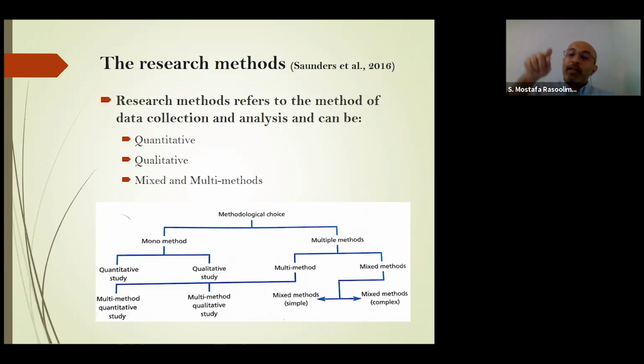So here, quantitative or qualitative is the research method, but research methodology can be the whole process. Okay, methodological choice can be monomethod. We can apply only quantitative, or only qualitative, or we can have multiple methods. This can be mixed method. Mixed method is mixing qualitative and quantitative.